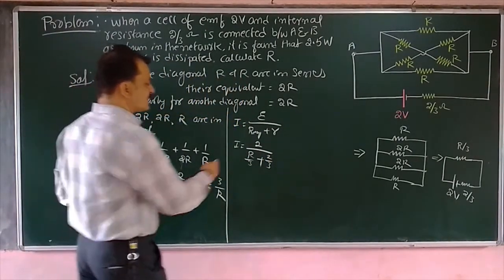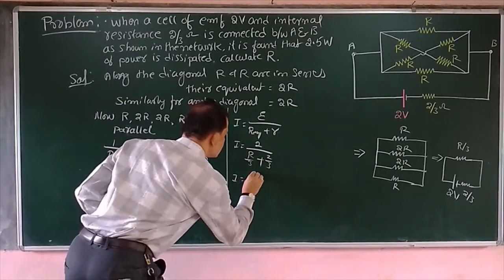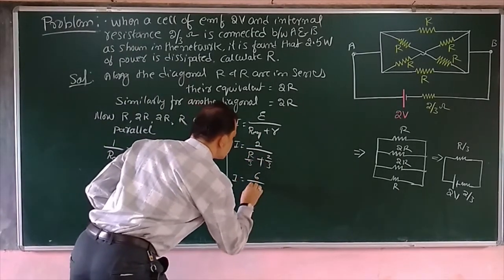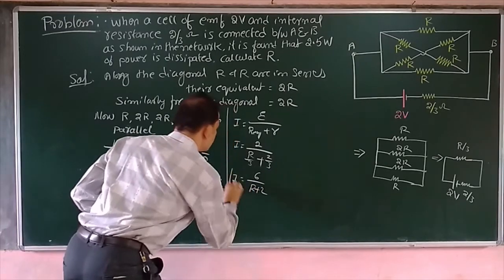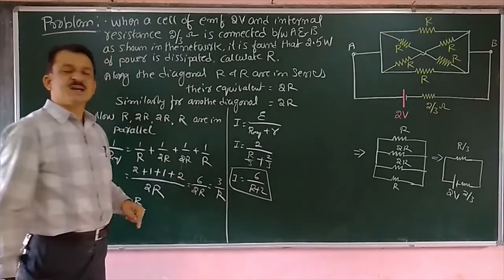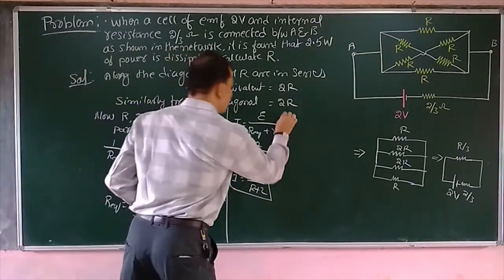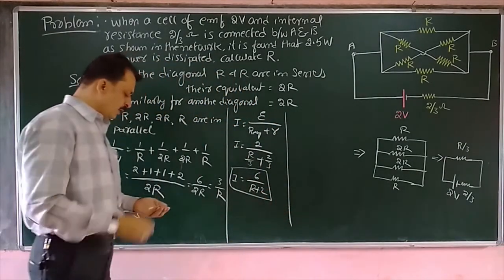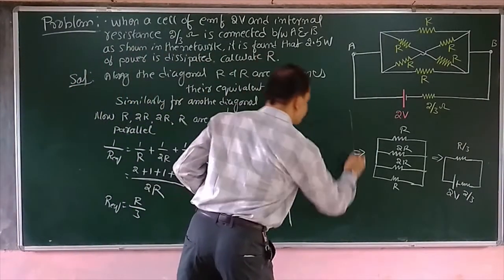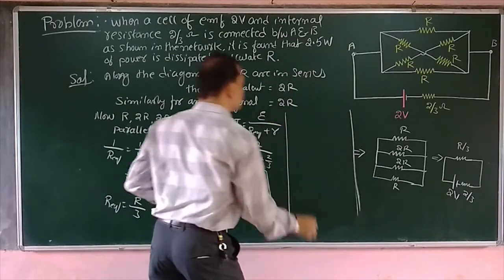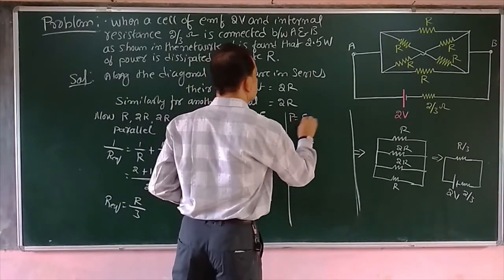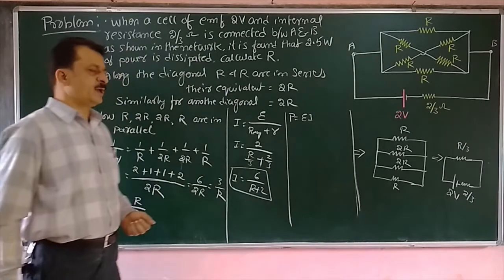Now, since 3 is the LCM, therefore the current becomes 3 twos are 6 divided by R plus 2. This is the expression for current. Now power dissipation here. The power dissipation P is equal to E into I.